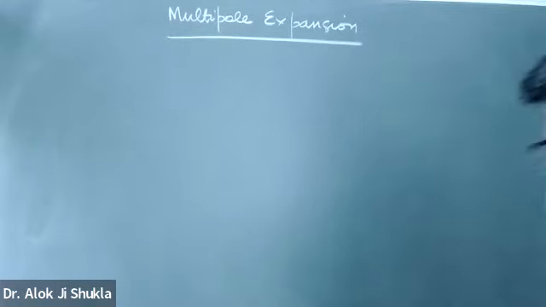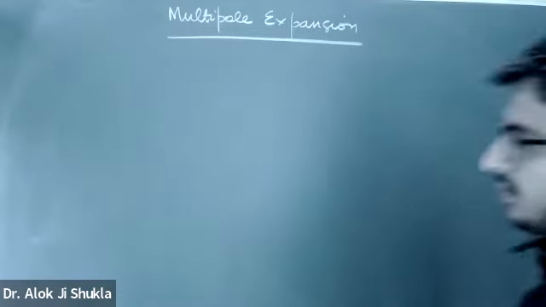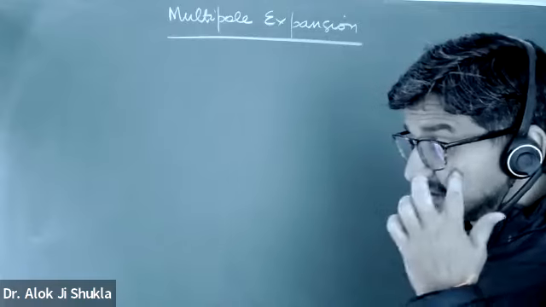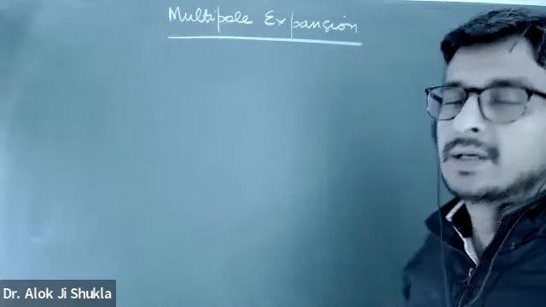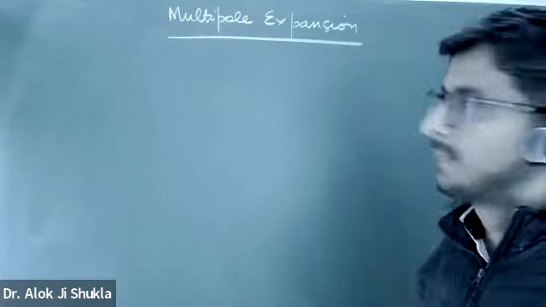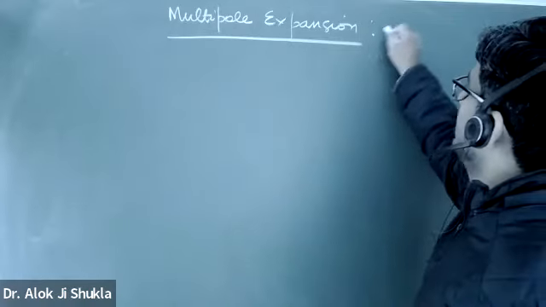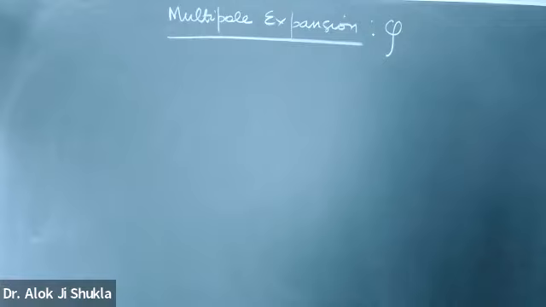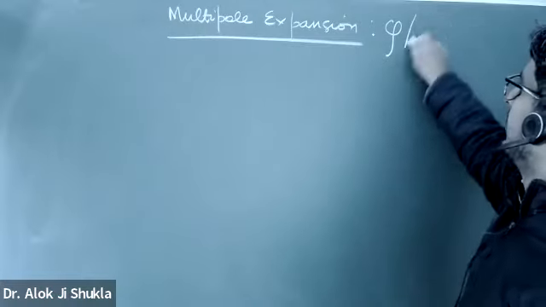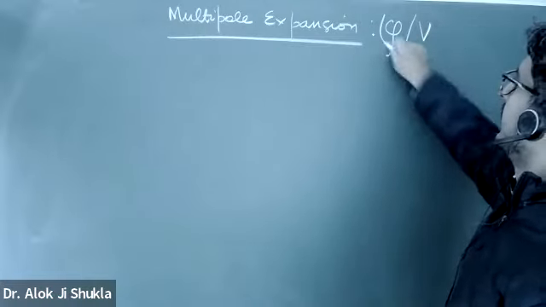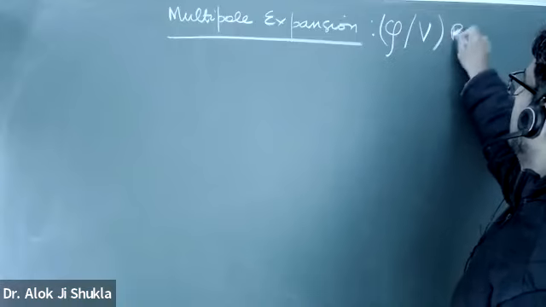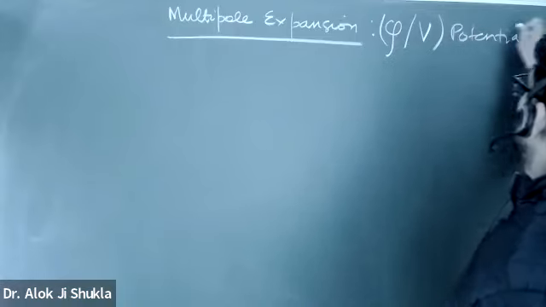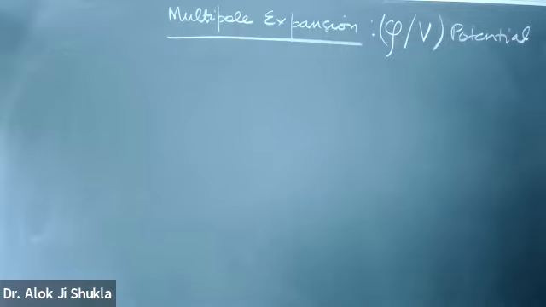Now, what is multipole expansion? Again, this will be a method to write the potential. Sometimes we write it by phi, sometimes by v, but it is the potential that we will write. Using multipole expansion, we will write the potential.